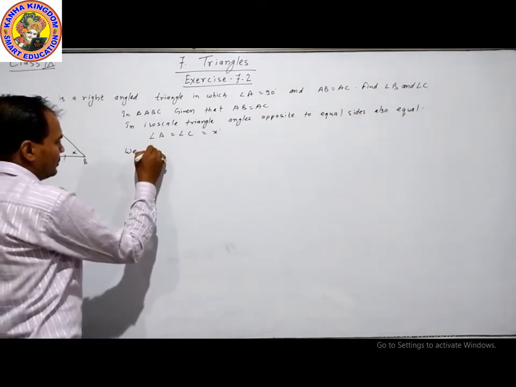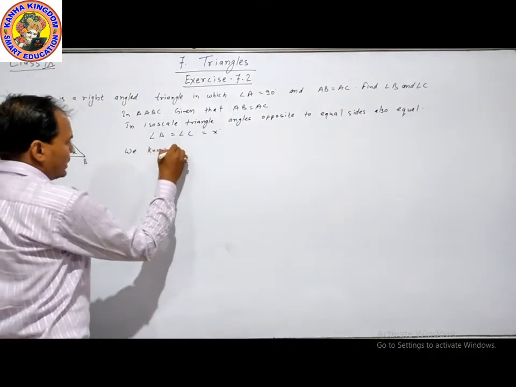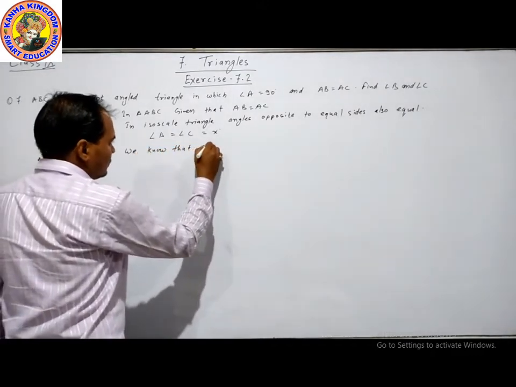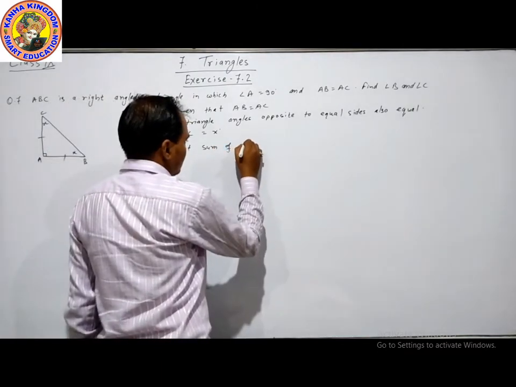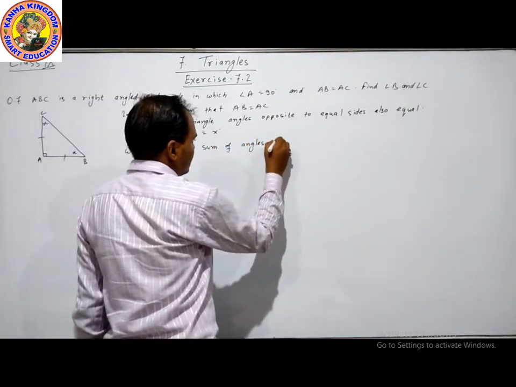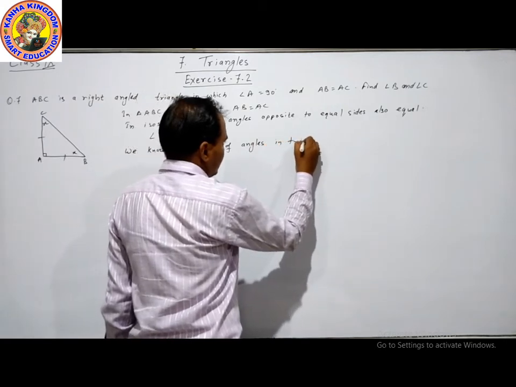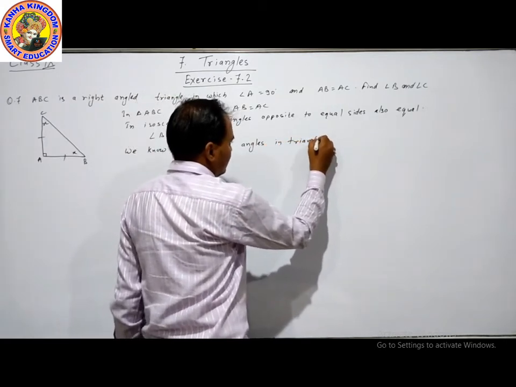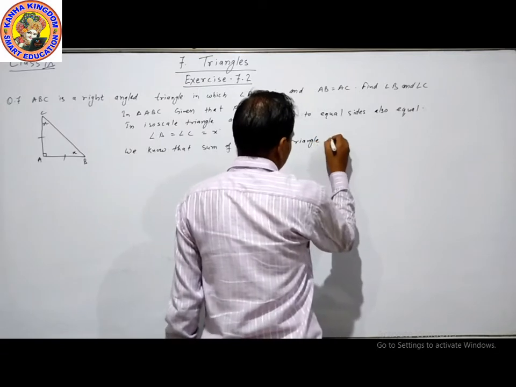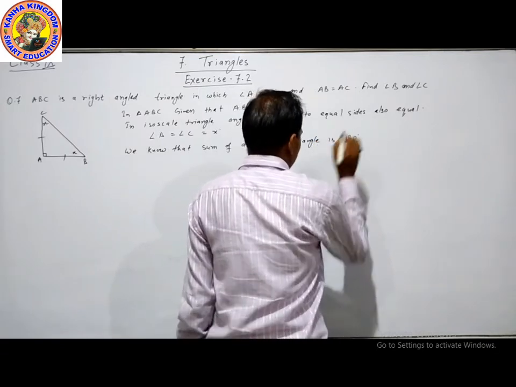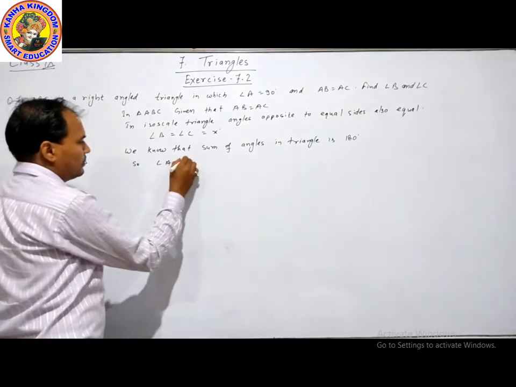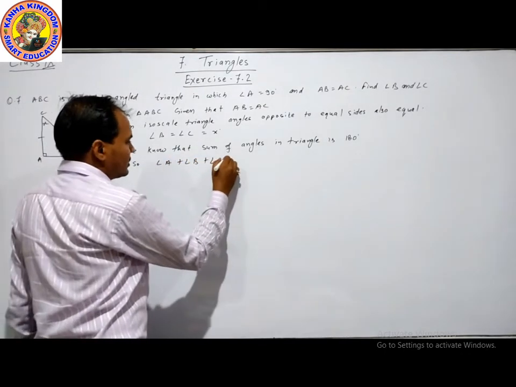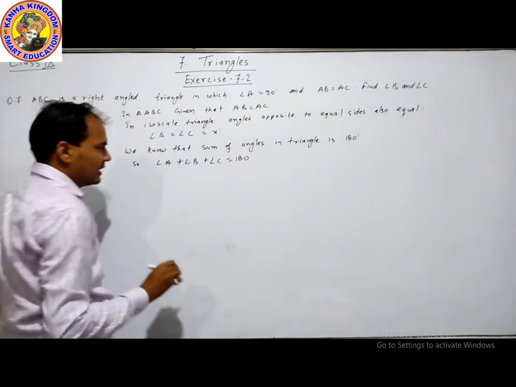We know that sum of angles in a triangle is 180 degree. So angle A plus angle B plus angle C is equal to 180.